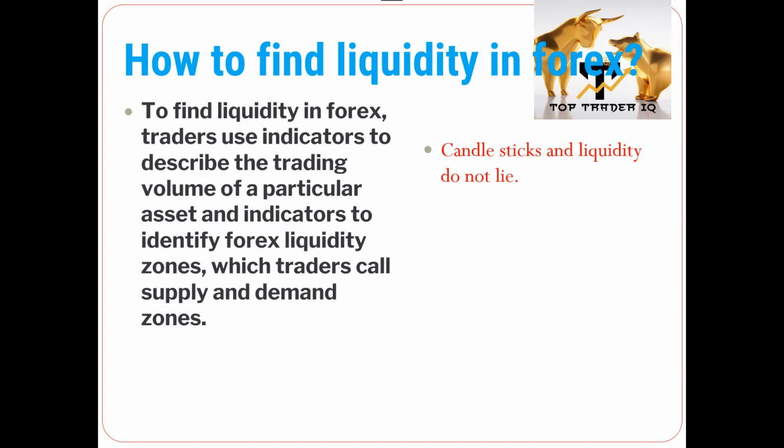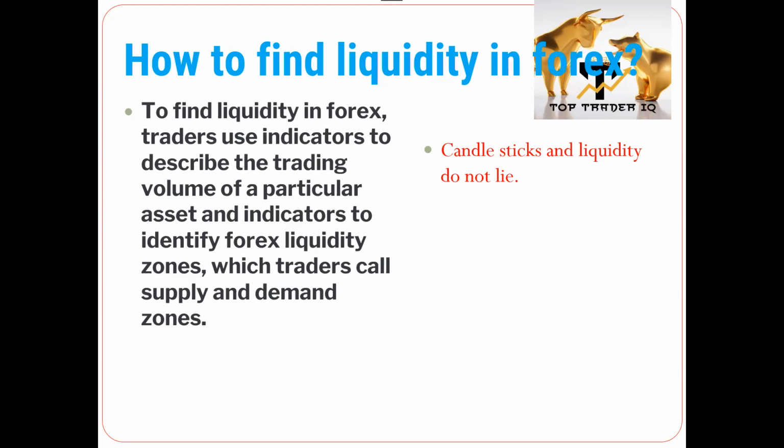Most normal traders use indicators to find the level of liquidity. I suggest don't go for indicators. Better, if you are using support and resistance levels, you can use that concept, or if you are using supply and demand zones, you can use that concept. Those are the most perfect levels to find where the liquidity is available and how to grab that liquidity.